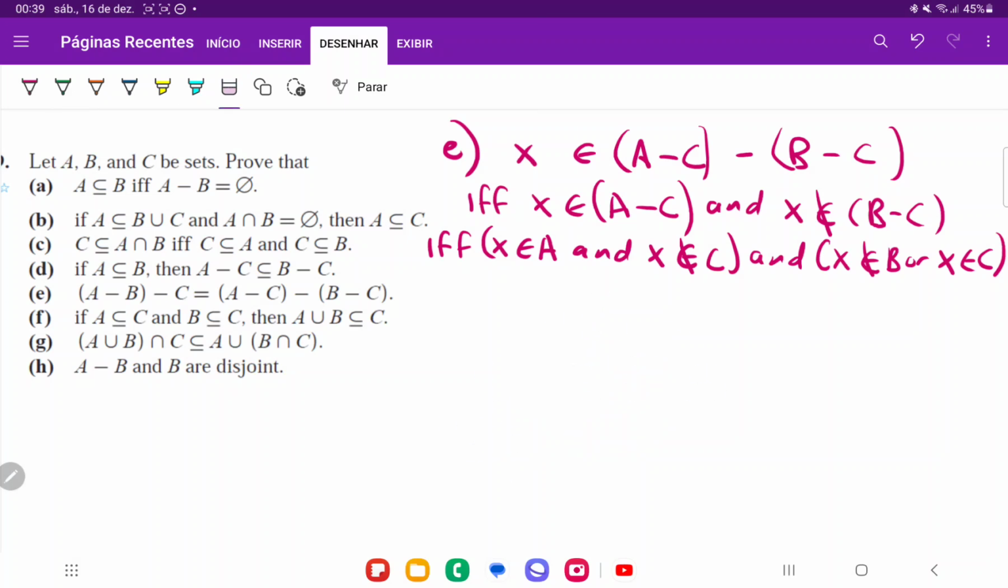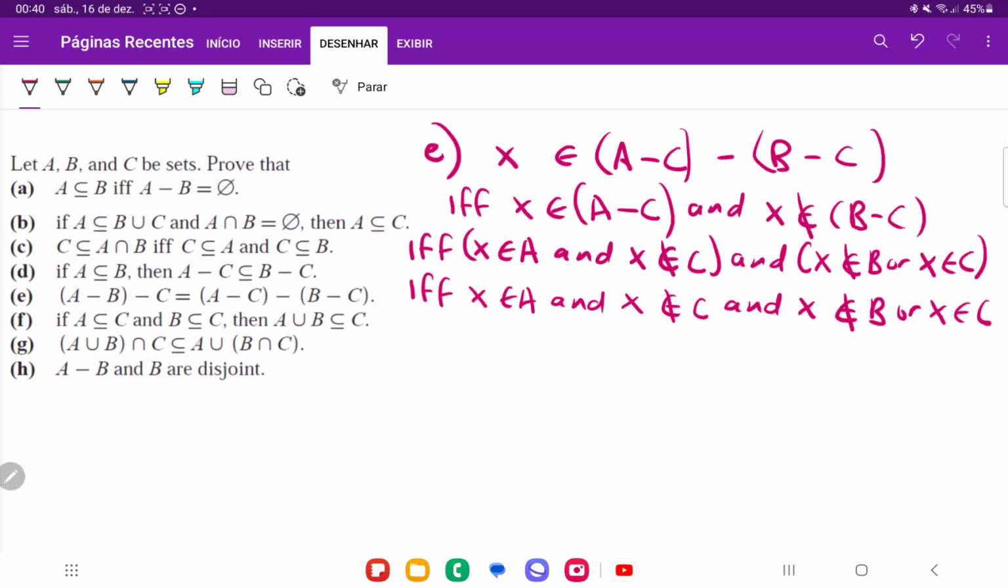So once we have said this, now we're just going to expand this, and we're going to say if and only if X belongs to A, right? And X does not belong to C, and X does not belong to B, or X belongs to C. So we have expanded this, and now let's think about what we want.